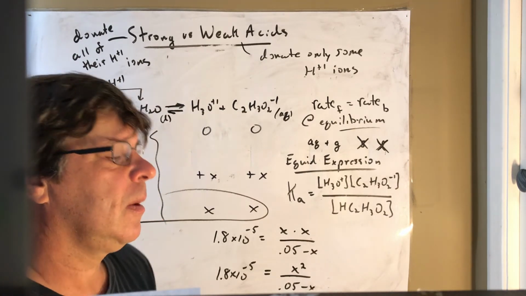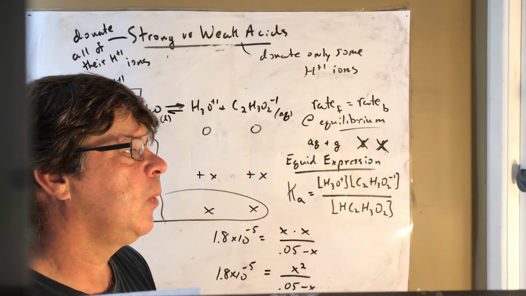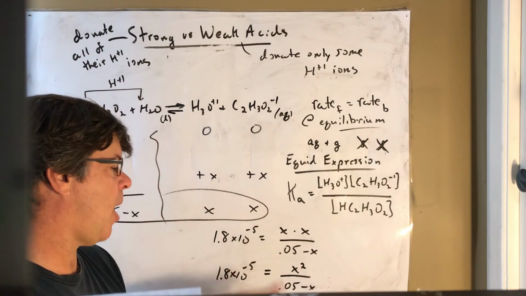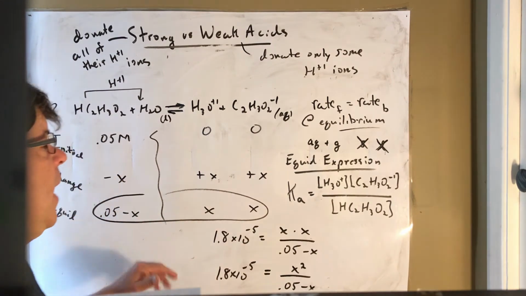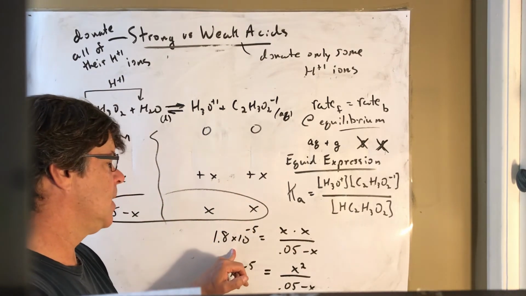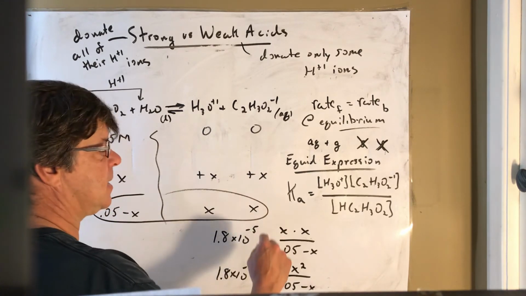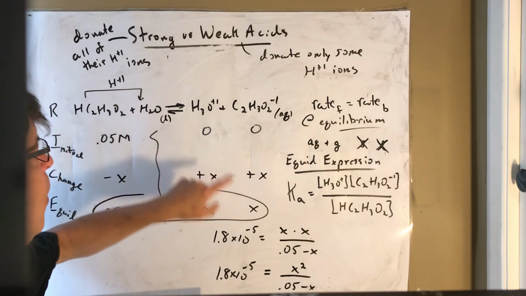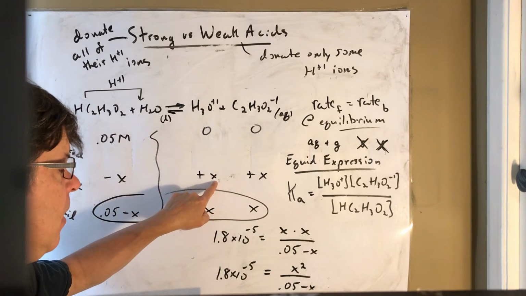But look, this isn't math class. We do enough math as it is. So we can make an approximation. Okay, think about this K. That is really tiny. So what that's going to say is not a lot of these are going to donate their hydrogen ions. So this is going to be a tiny value.